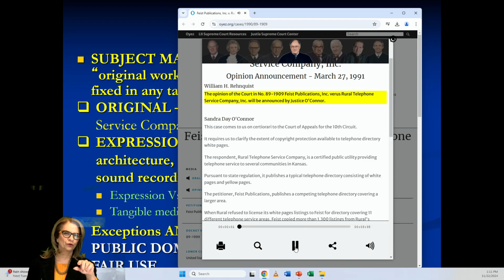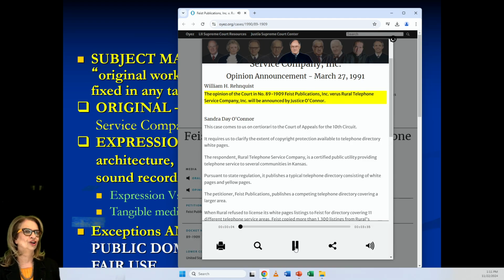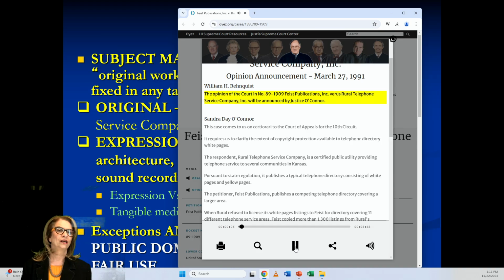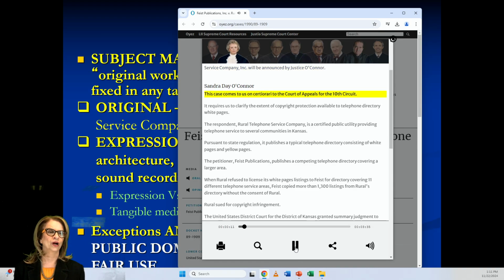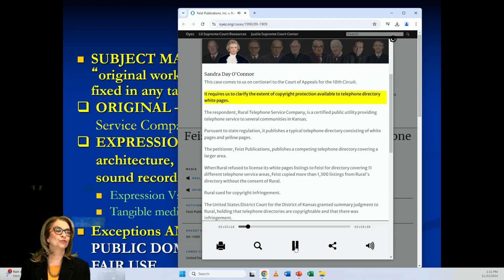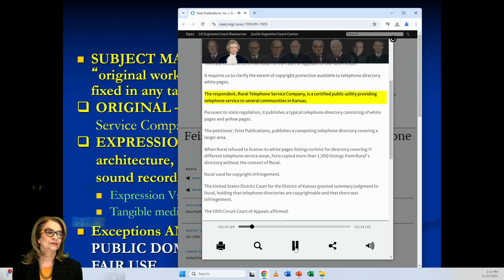The opinion of the court in number 89-1909, Feist Publications Inc. versus Rural Telephone Service Company Inc. will be announced by Justice O'Connor. This case comes to us on certiorari to the Court of Appeals. The case concerns the protection available to a telephone directory white pages. The respondent, Rural Telephone Service Company, is a certified public utility providing telephone service to several communities in Kansas.